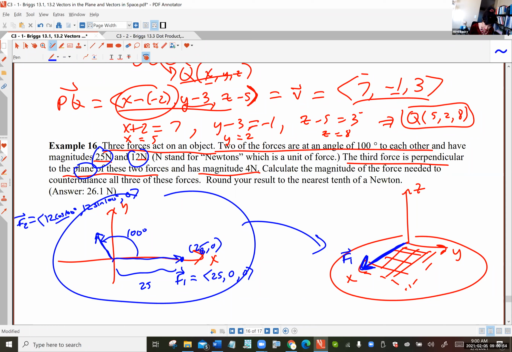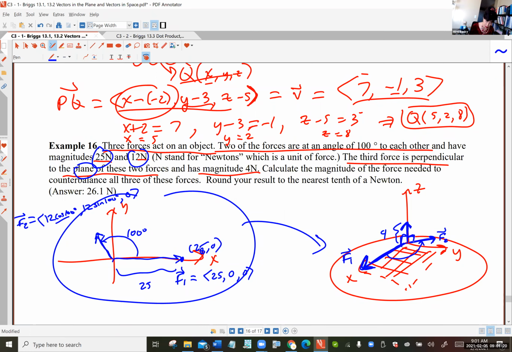And then over here, 100 degrees over here, is the F2 guy. It's kind of hard to draw in 3 dimensions on a 2-dimensional graph. And then perpendicular to both of those is a vector shooting straight up, and he's kind of tiny because he's only a length of 4 newtons, but he is perpendicular to both. I'll put little squares here.